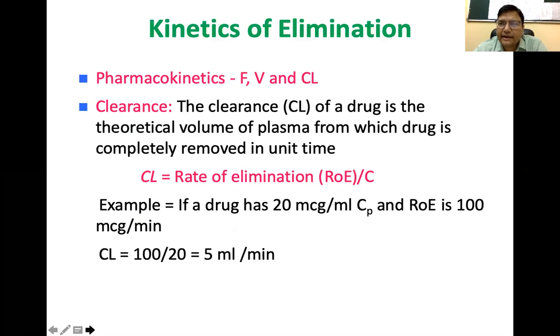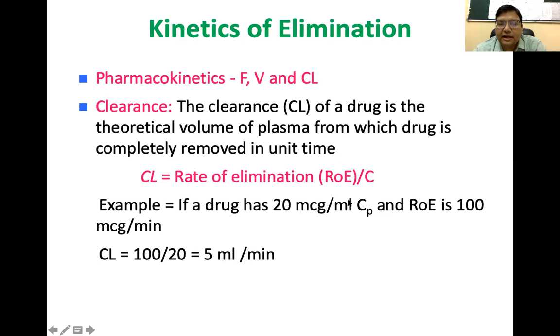Coming to the kinetics of elimination, the pharmacokinetic parameters: F stands for bioavailability, which I have talked about earlier, and I have talked about the volume of distribution. Now coming to clearance. Clearance is the volume of plasma from which the drug is completely removed in unit time, and it can be calculated as the rate of elimination divided by the plasma concentration of the drug.